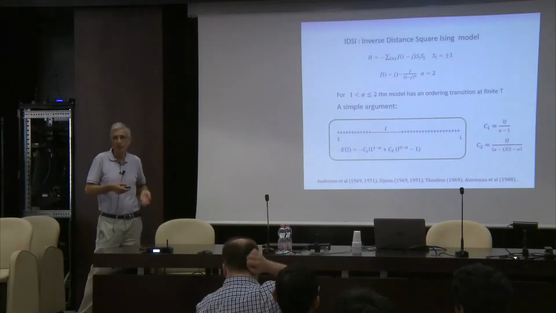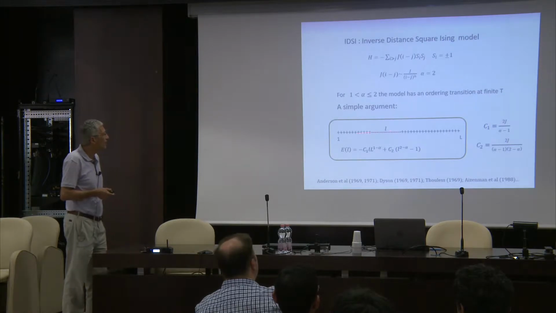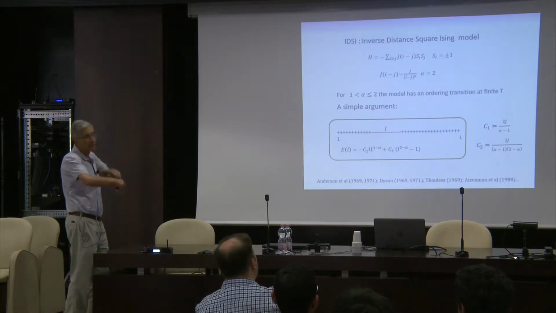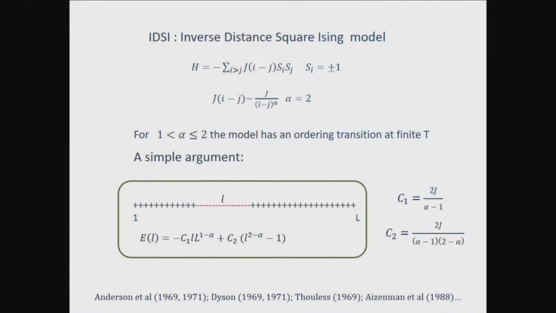And there is a very simple argument to see that for alpha between 1 and 2, you should have order in that system. The way to see it is very trivial. You take a system with all spins up. The system is of length capital L. You take a domain of size little l and flip it, and ask what is the energy of that.